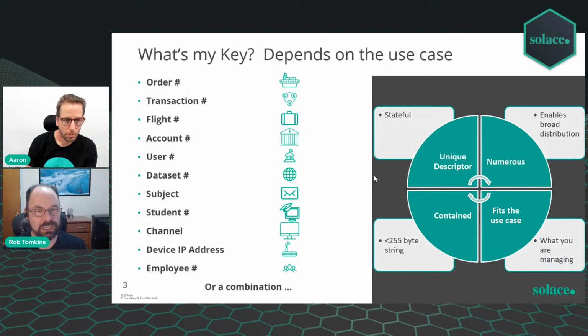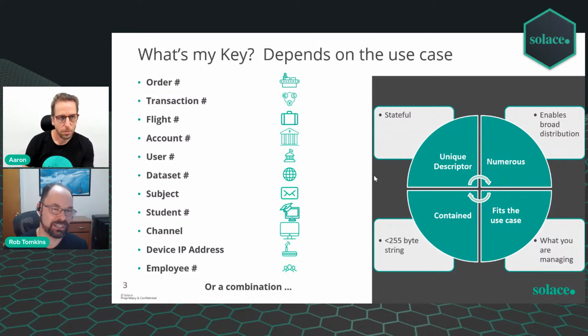But when you're talking about the number of orders or the number of flights or transaction numbers, these are really big numbers, and it actually works really well to have a large number of keys, because that means you get things very randomly distributed, and you're going to have a very efficient use of your partition queue.